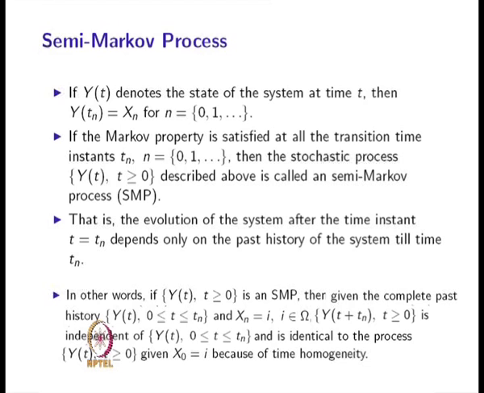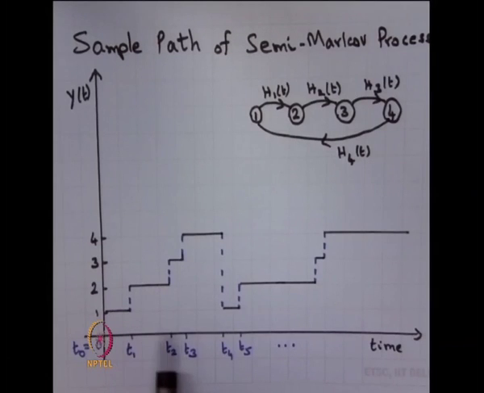Whenever the Markov property is satisfied at the time instants T0, T1, T2, T3, T4 and so on, at which the system is moving from one state to another state, then the stochastic process Y of t is called the semi-Markov process, or in other words it is called the Markov renewal process.